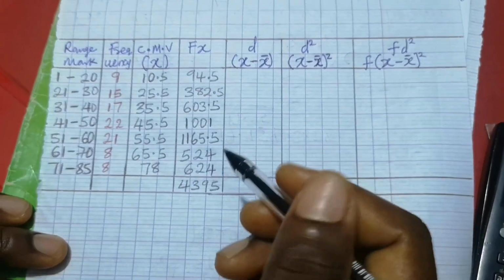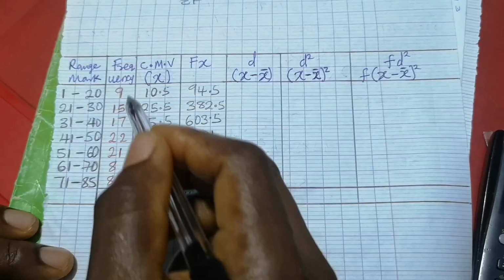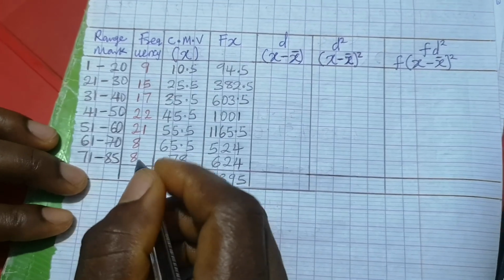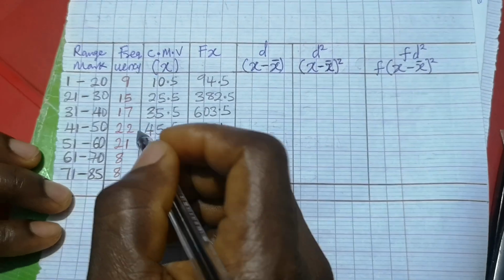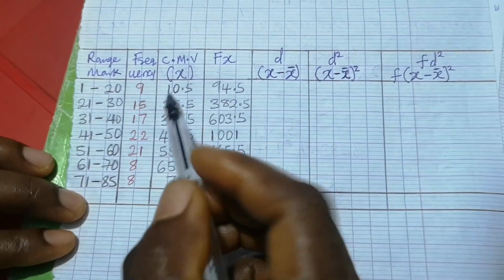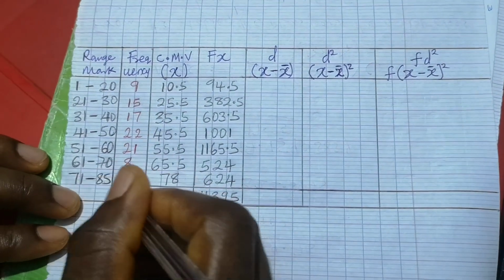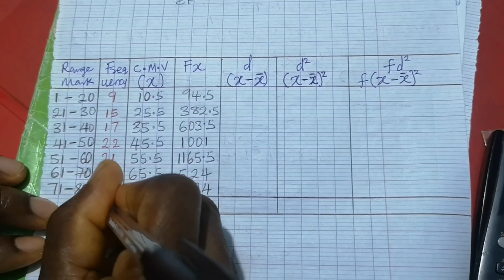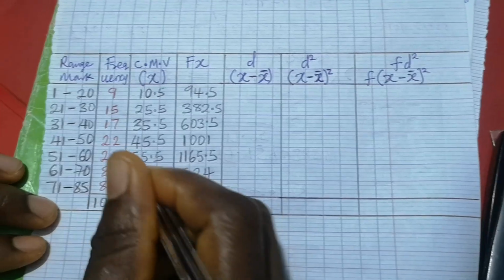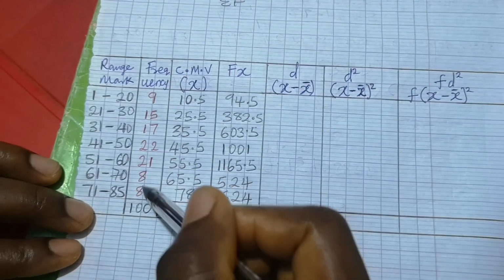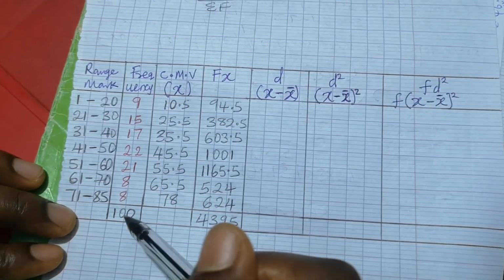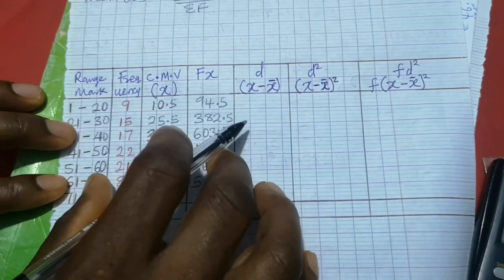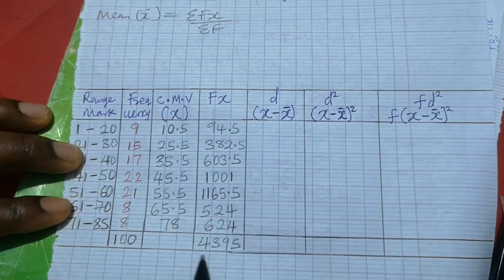I also need to calculate my frequency. The sum of my frequency is 100, because we have 100 candidates. If you add all these, it gives you 100. Okay, so I am done with the table we need for our mean.